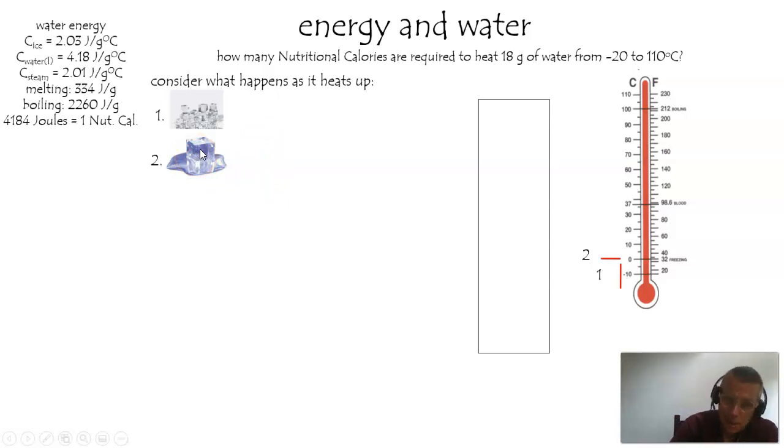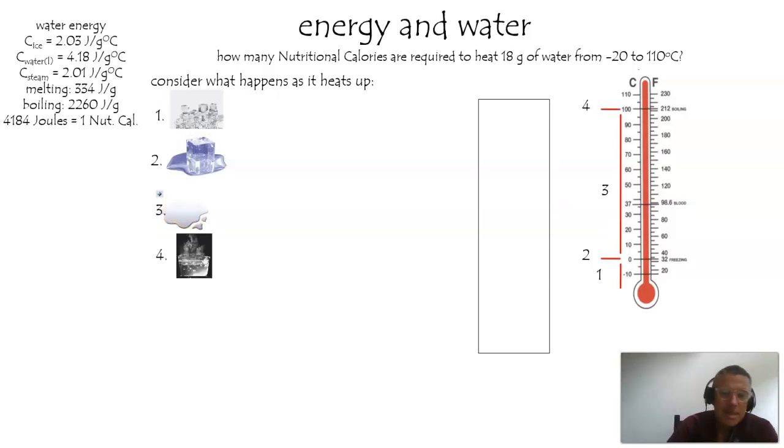No temperature change, just the phase change. Then you got a puddle of water that's at 0 degrees Celsius. You got to heat that all the way up to 100. Then you got to take that water that's at 100 and the energy required to break all those intermolecular forces and turn it into steam. And finally, the steam can get a little hotter also. So those are the 5 steps.